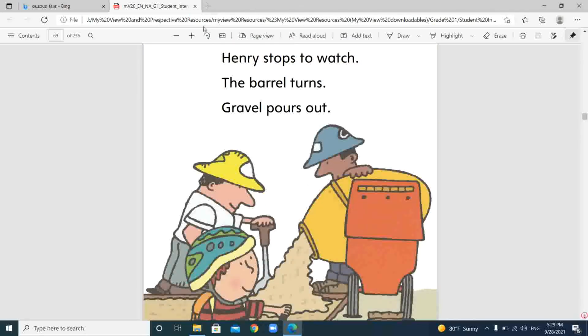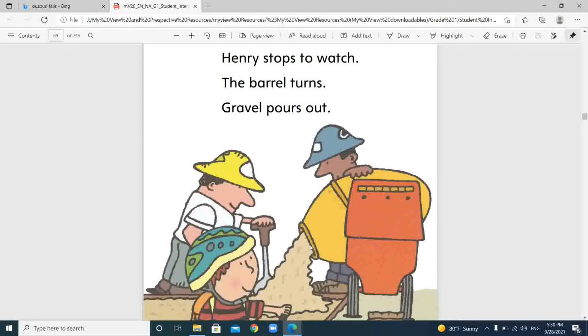On page 73, Henry stops to watch. The barrel turns. Gravel pours out. So he keeps looking at the man with the shovel and the mixer, and he stops to look and watch. The barrel turns and pours out. So the mixer that the man was putting the things in starts to turn and it starts to pour.